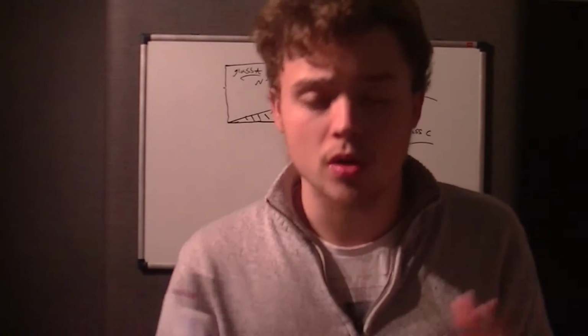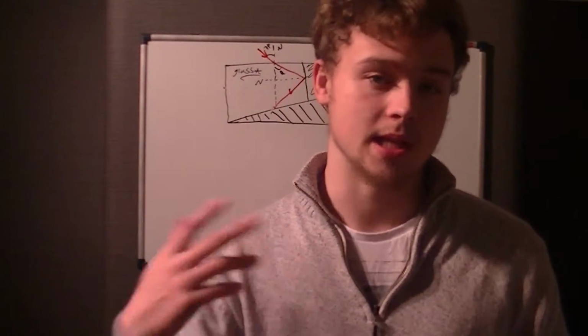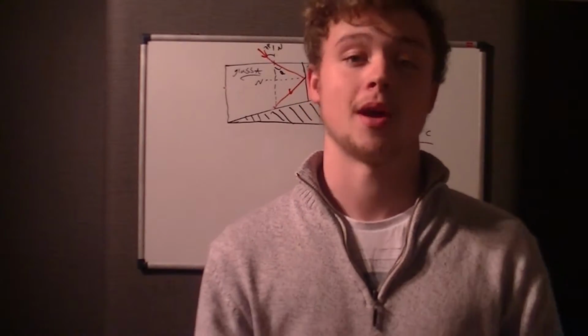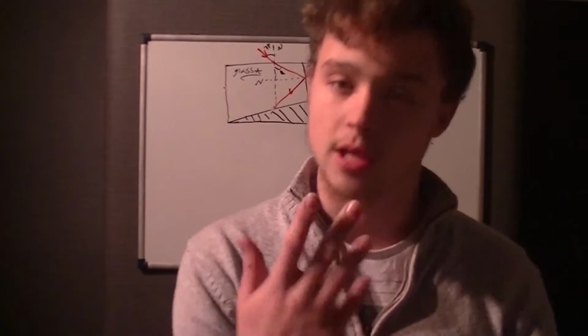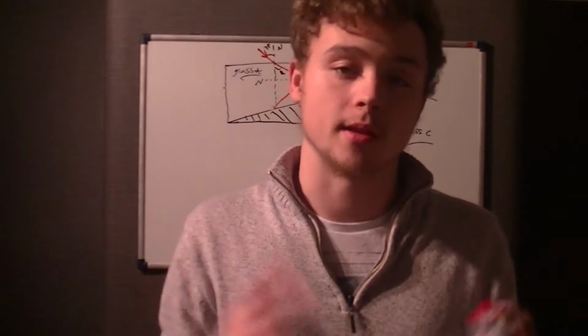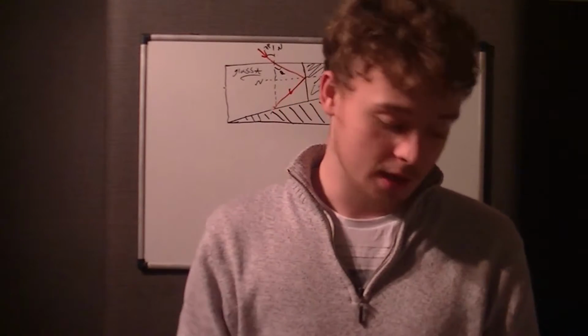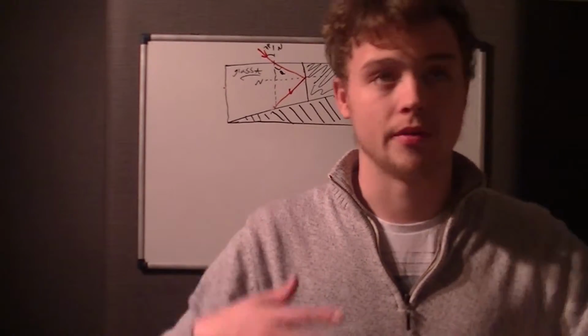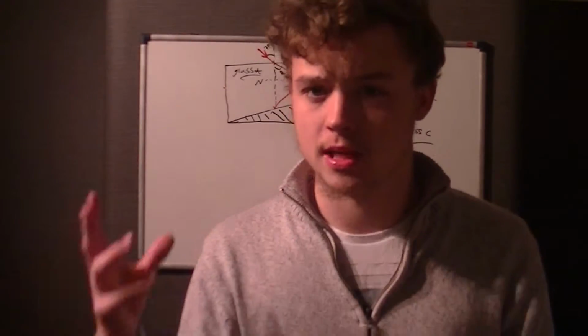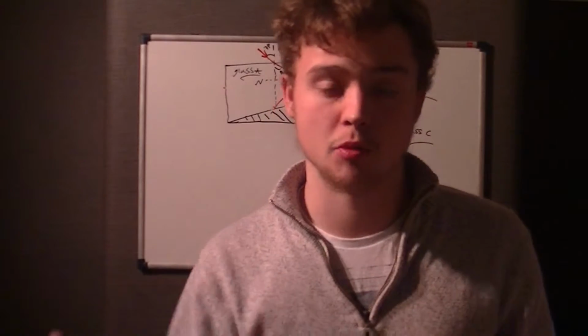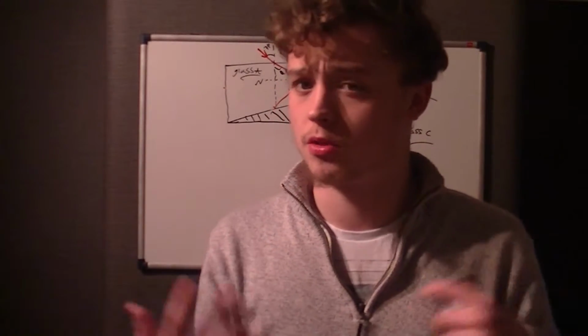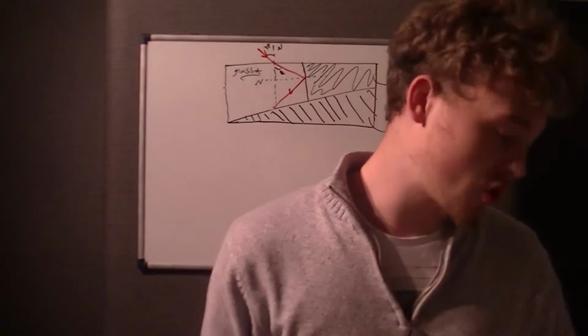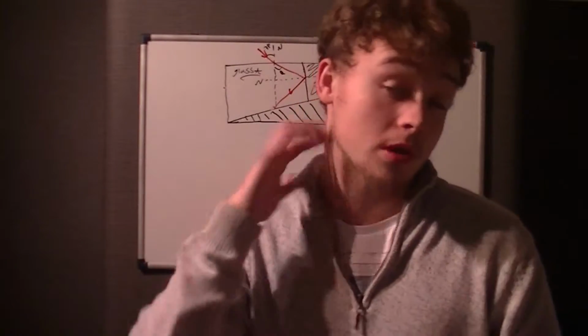Another one could be that the substance it is surrounded by has to have a lower refractive index than the substance the light ray is currently in. If the substance outside had a higher refractive index, it would slow the light down even more, and the light wouldn't undergo total internal reflection.